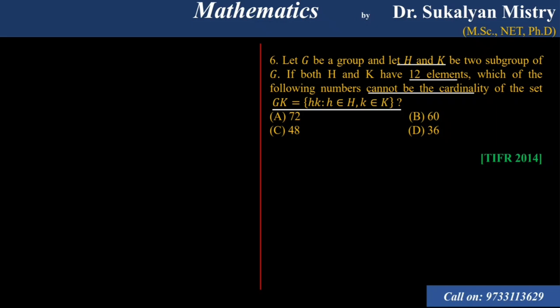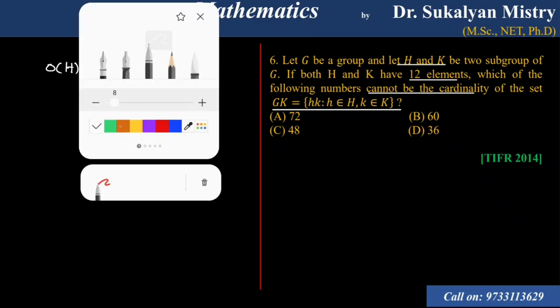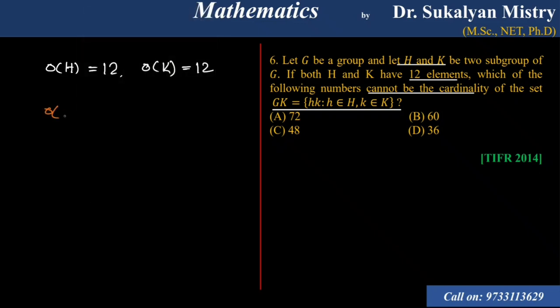Okay. So here order of H is 12, it is given, and order of K is 12. So we know that order of HK is equal to order of H into order of K divided by order of H intersection K. Apply this result.